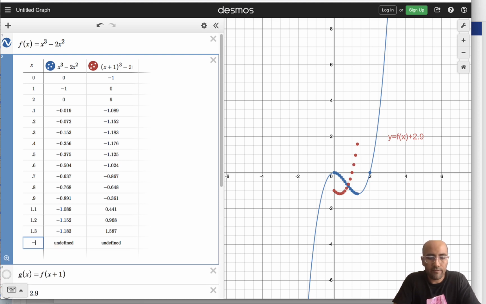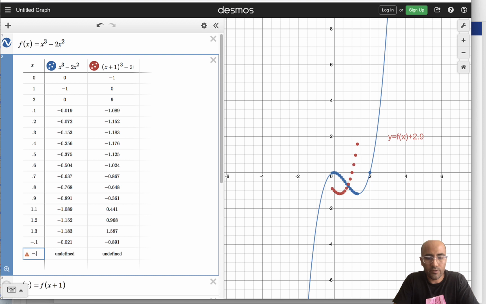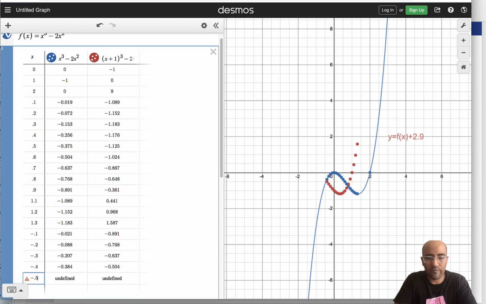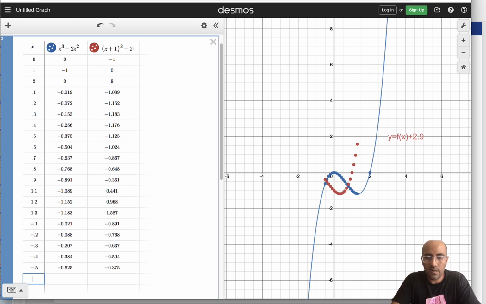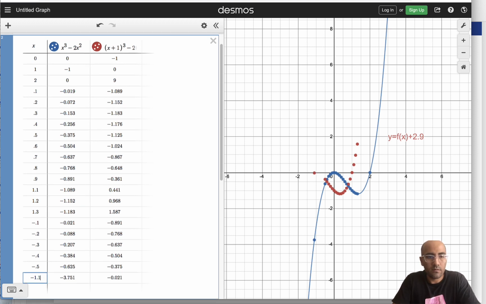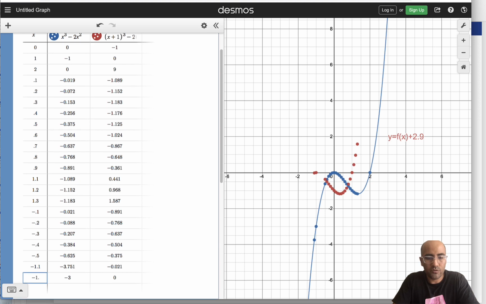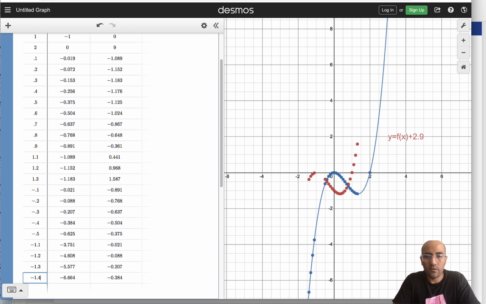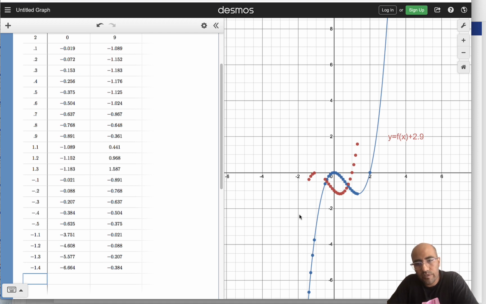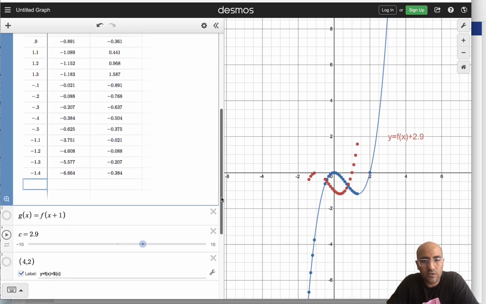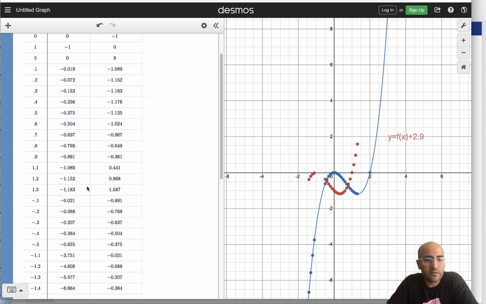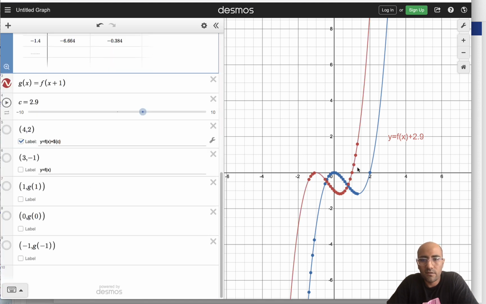How about negative 0.1, negative 0.2, negative 0.3, negative 0.4, negative 0.5, negative 1.1, negative 1.2, negative 1.3, negative 1.4. Okay, and so on and so forth. So we start to see what happens to the graph of this after we continue to pump in lots and lots and lots of points. Eventually, we start to see that it begins to look like this.